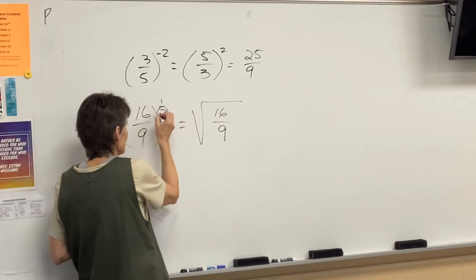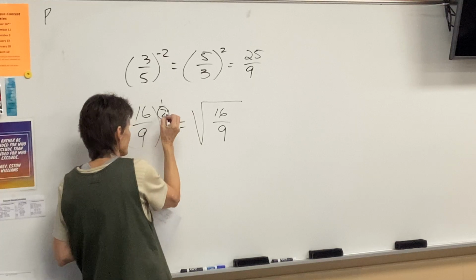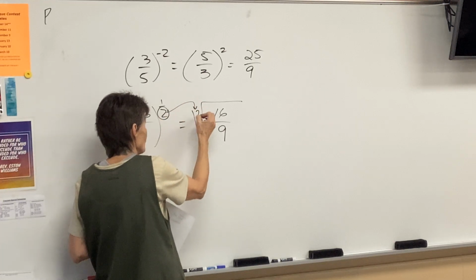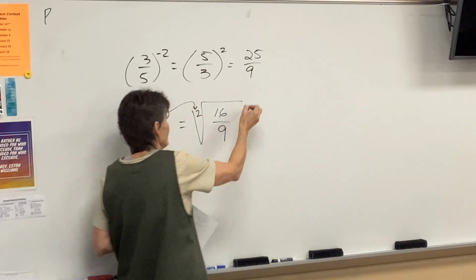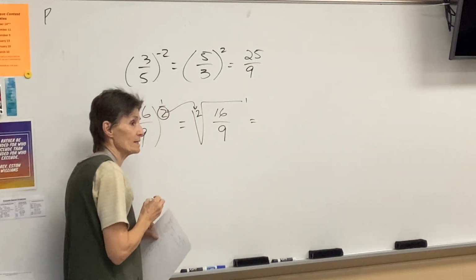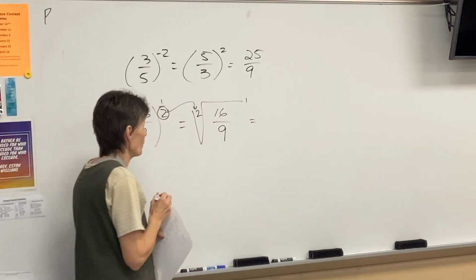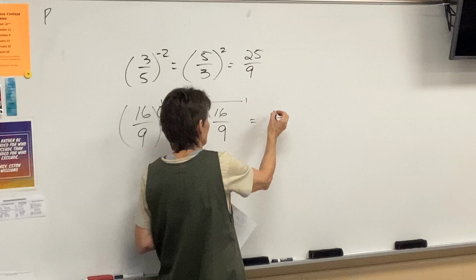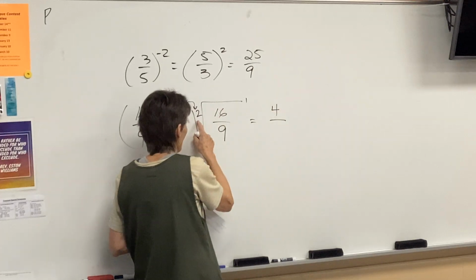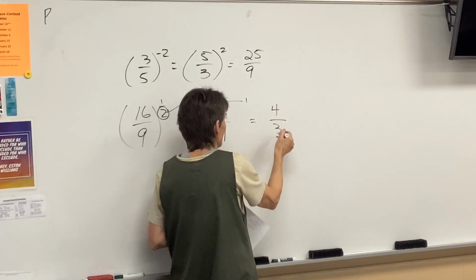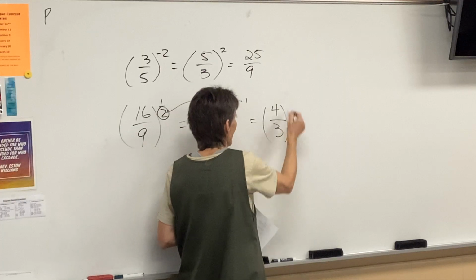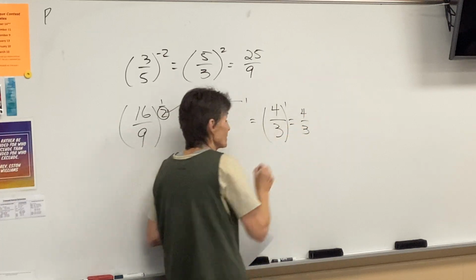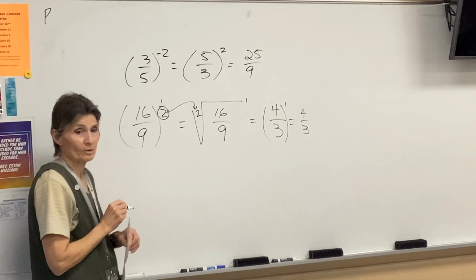And remember, the denominator of the exponent tells you which root you're taking, and the numerator tells you which power you're raising it to. So the square root of 16, square root of 9, and since it's to the first power, nothing changes. So the answer is just 4/3.